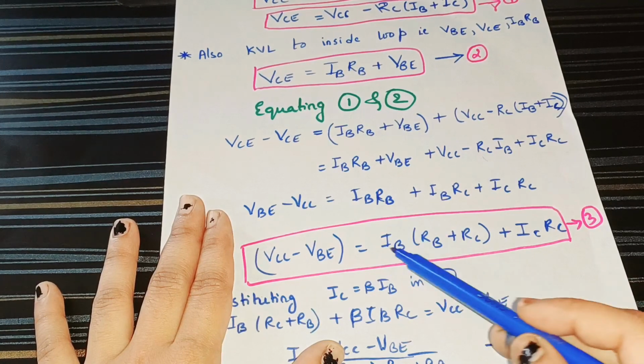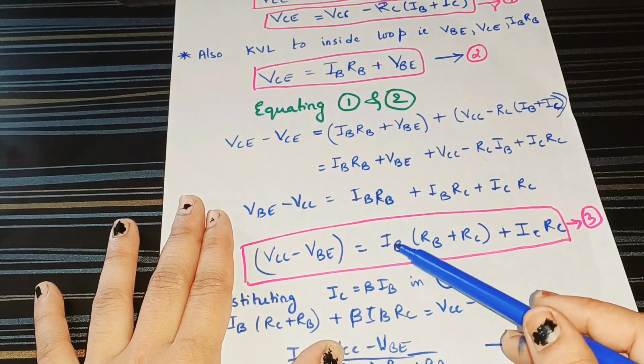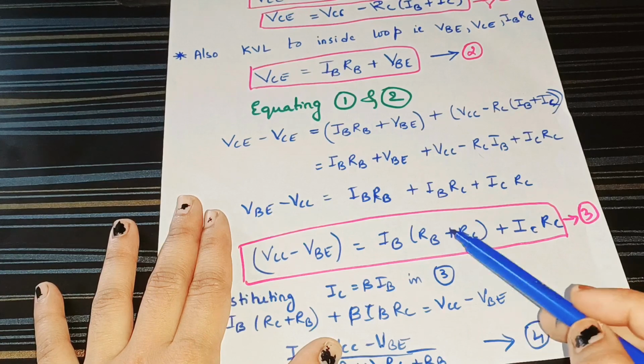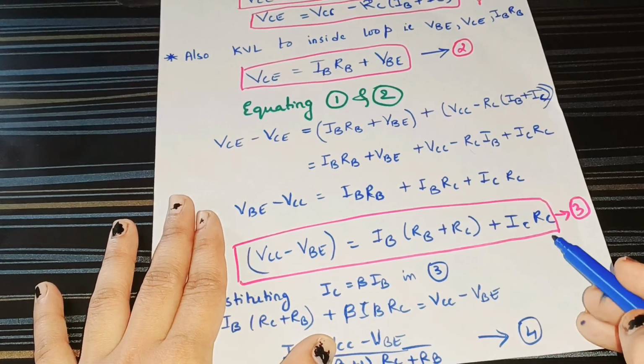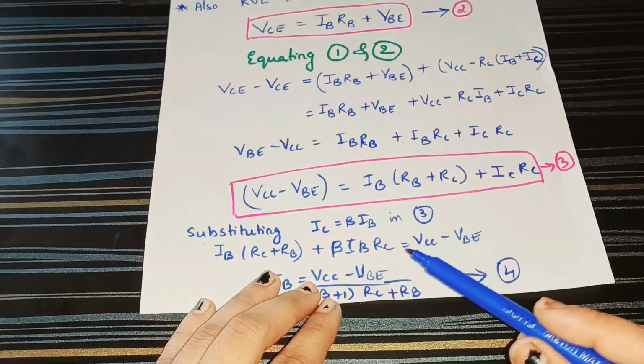We take the current IB as common between RB and RC, and we get this as our final equation.